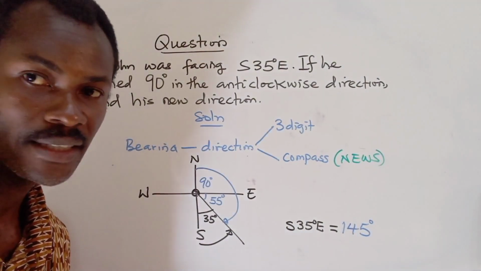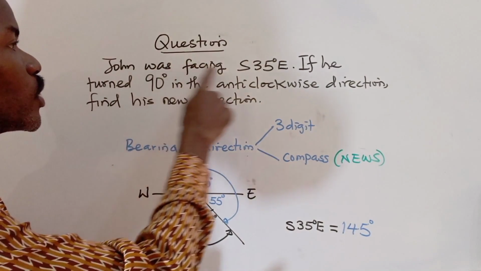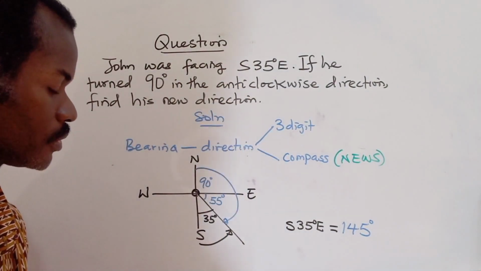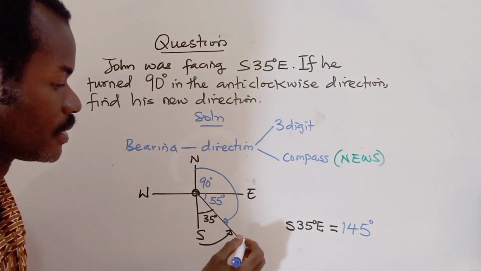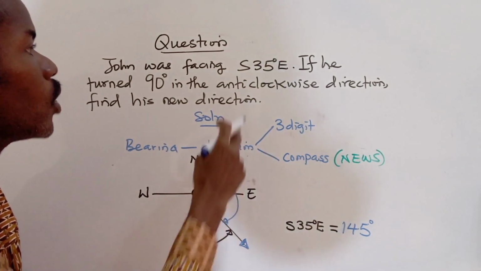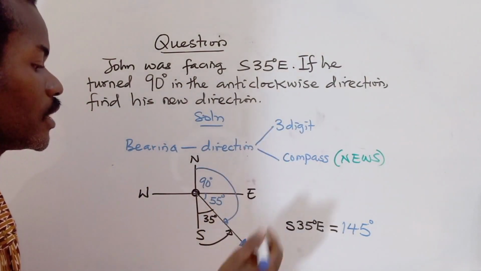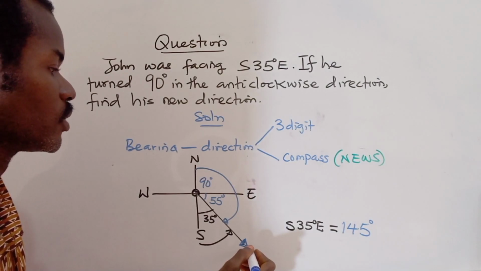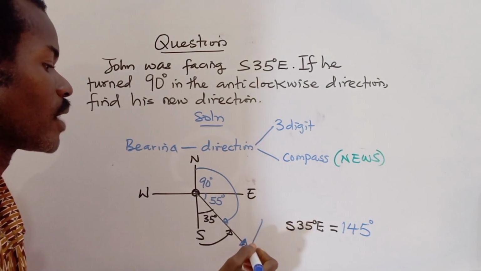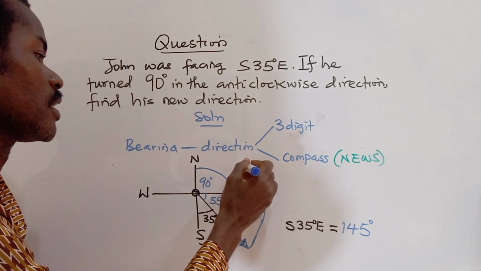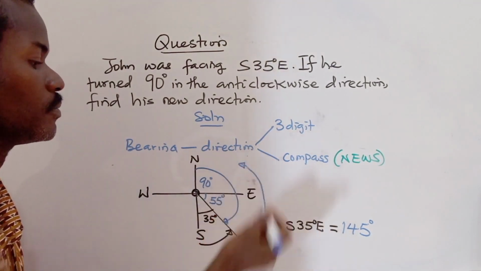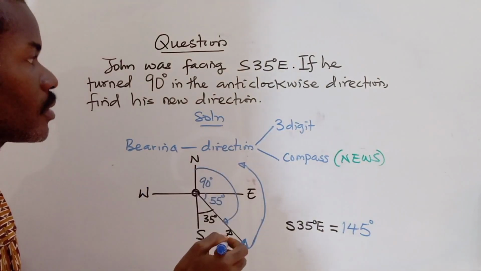But the question says John was facing this direction. He now turned 90 degrees in the anti-clockwise direction. So from this direction, he went anti-clockwise. Anti-clockwise means he turned this direction, so this is anti-clockwise, this is clockwise.